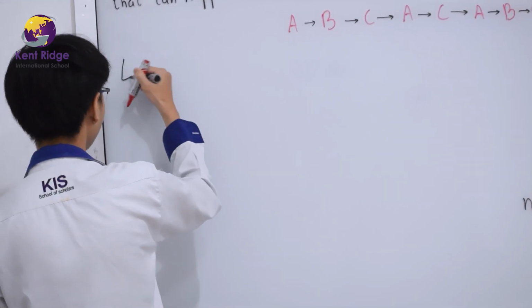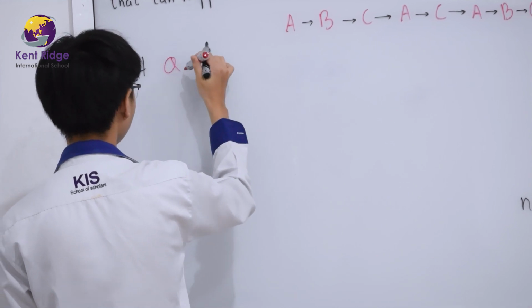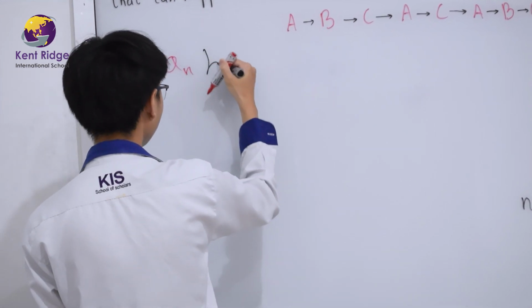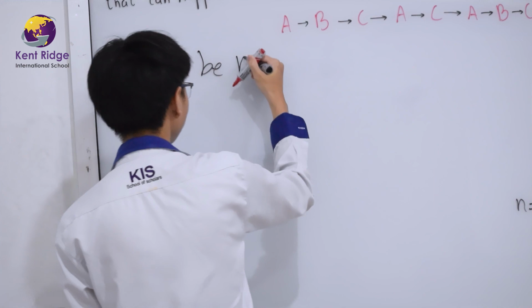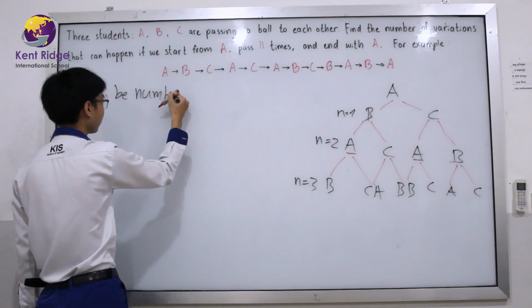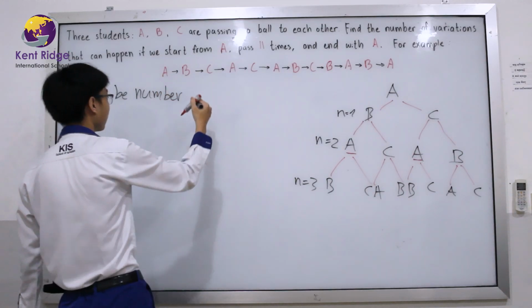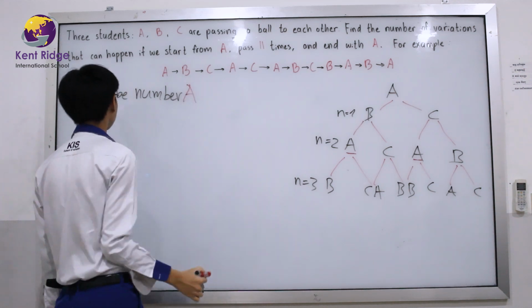So first we let A n be the number, this is incorrect grammar, but it's short and concise.